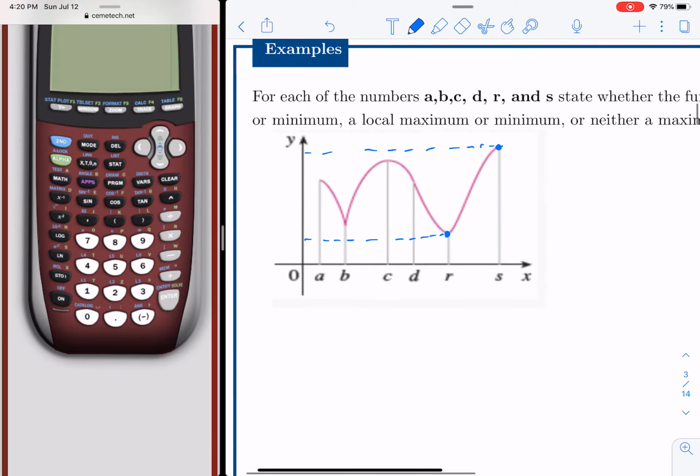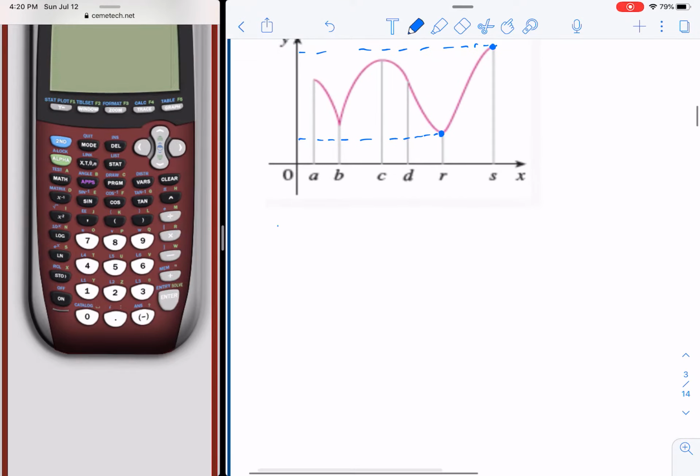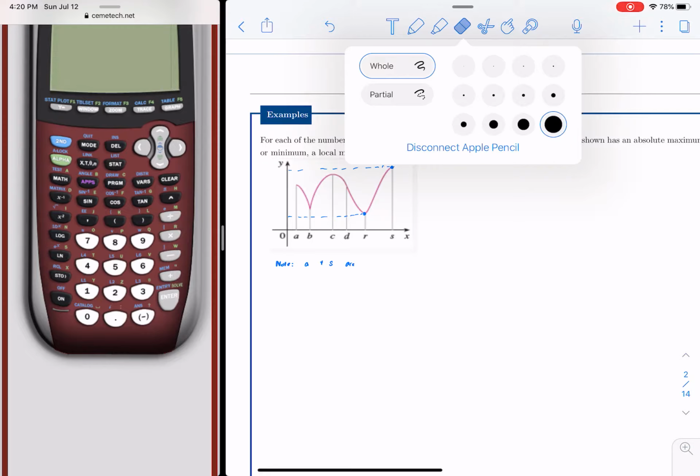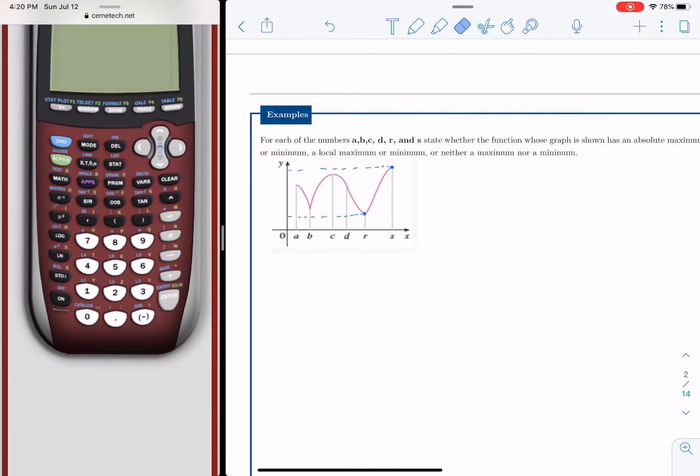And you have to note that A and S are endpoints. That's where the function ends.